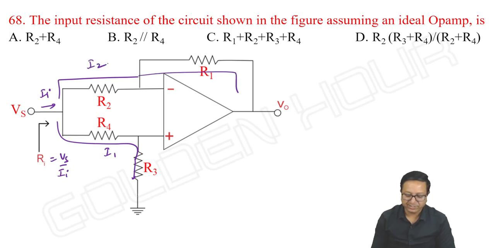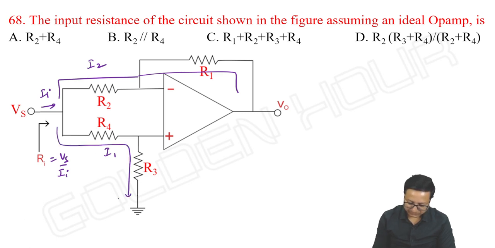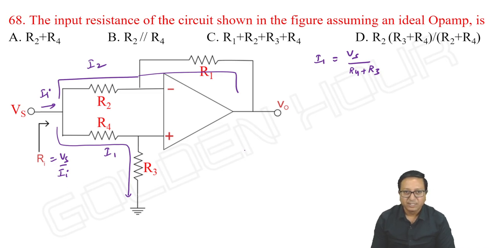Let this current be I2. So what is I1 here? Same procedure. I1 is equal to Vs by R4 plus R3. We can write. And I2 is equal to Vs minus V output by R2 plus R1.